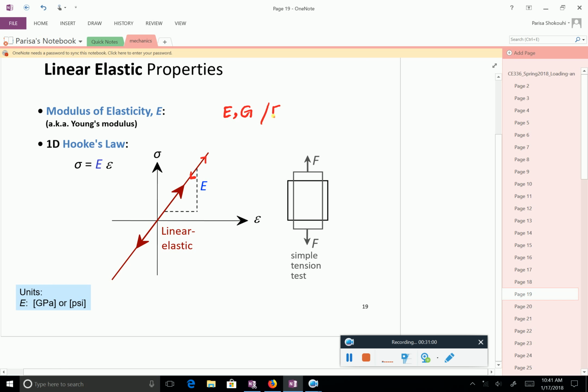Or you have to use E and Poisson's ratio that you have seen before, but I'll review that for you in a second. So you need two parameters to describe a linear elastic material. Now these two should be two independent parameters. It could be elastic and shear moduli. It could be elastic modulus and Poisson's ratio.